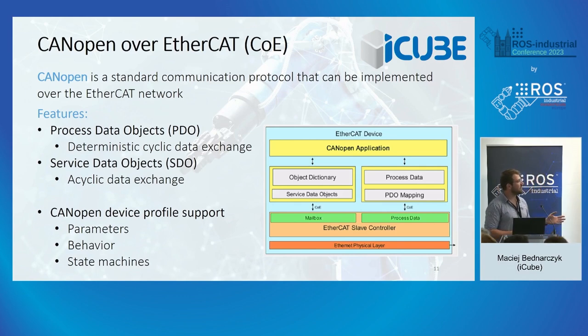What is very interesting in CANopen is that it standardizes some device profiles, giving standard parameters, standard behaviors, and state machines, which I will speak about a bit later, and which is very interesting if you use motor drives. Motor drives have a CANopen standard, which means that independently of the manufacturer that provides these drives, we have a common standard that we can address many components of the same family with.